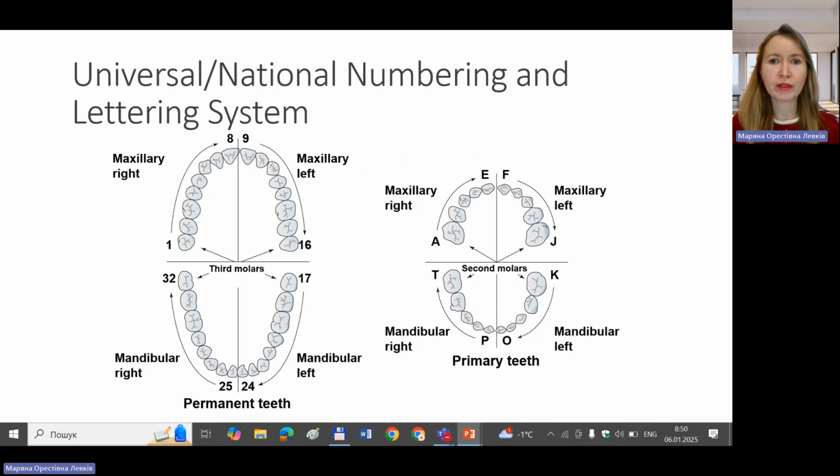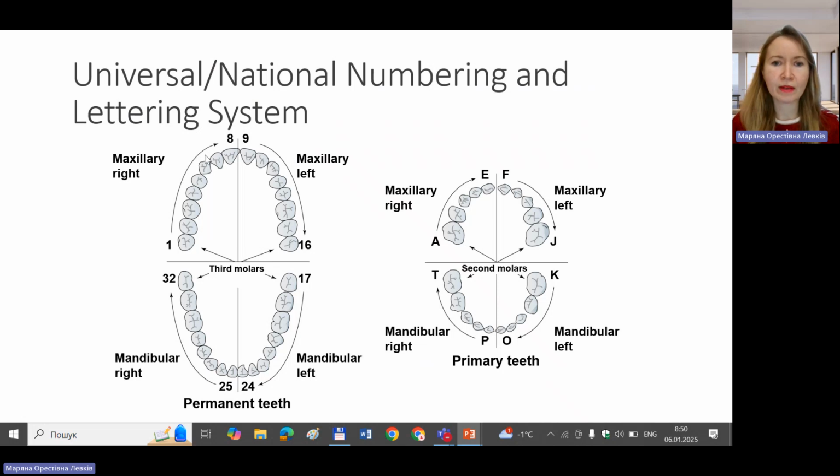Universal National Numbering and Lettering System. As you can see, here we have the oral cavity, maxilla and mandible jawbone, and teeth positioned in the arches. The oral cavity is subdivided into 4 quadrants: 1, 2, 3, 4.